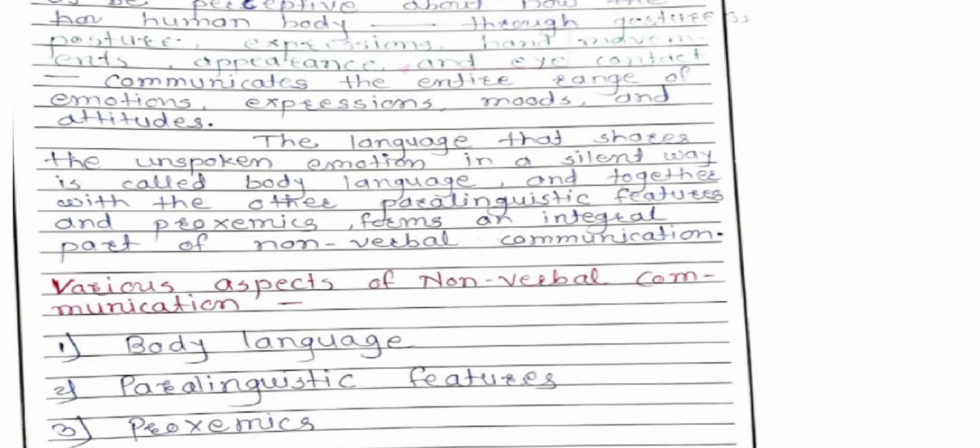It is a language that shares unspoken emotions in a silent way, with other paralinguistic features, and is an integral part of nonverbal communication. These are the various aspects of nonverbal communication under body language.